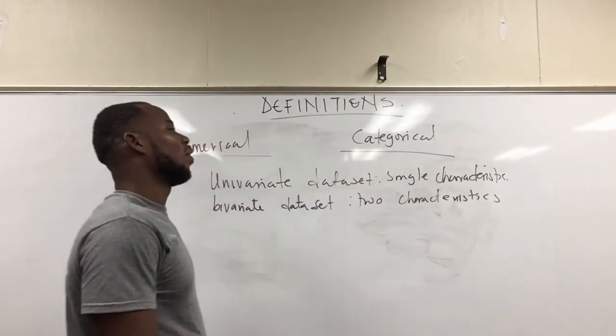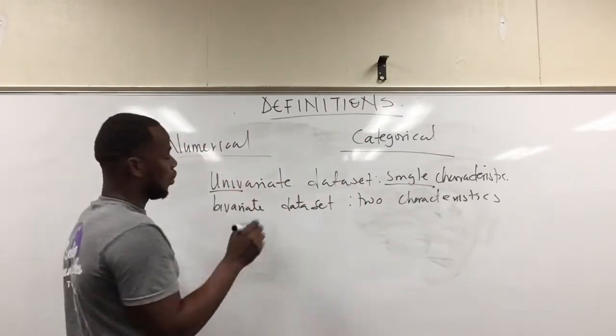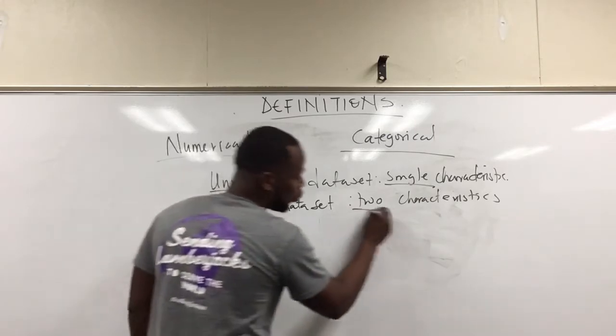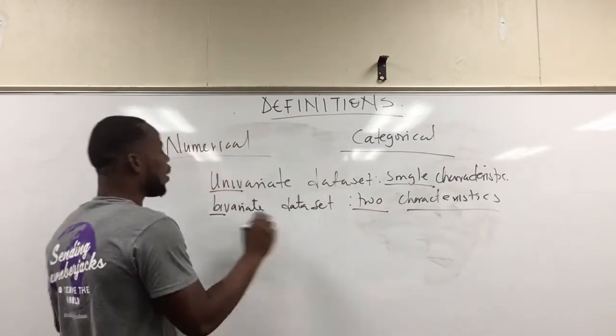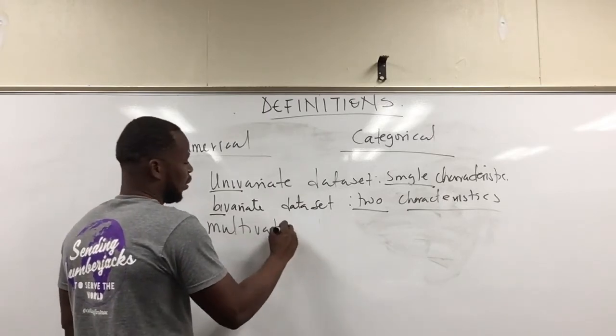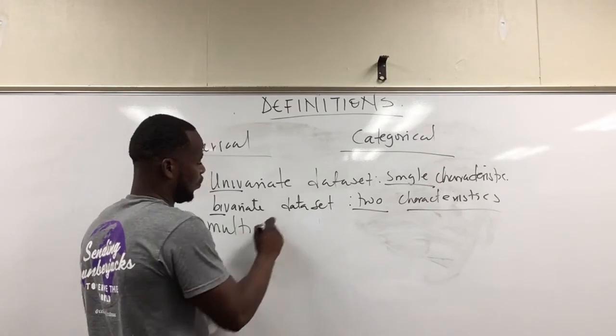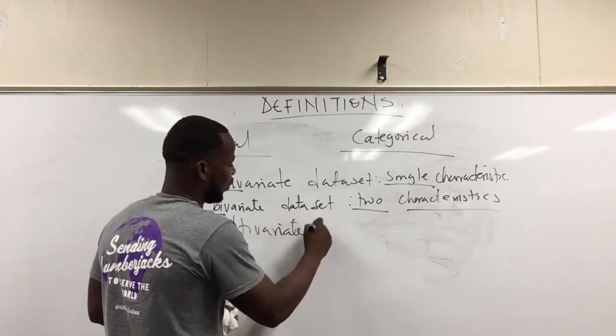Here uni means one, bi means two, so two characteristics. Then we have multivariate data sets.